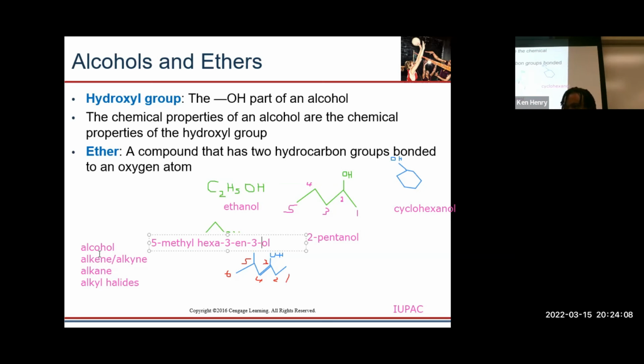Yes, there is another way to write it. You could have put the 3 in front and then put hexene. Let me show you the other way. But I recommend that you do it this way because it makes it easier.